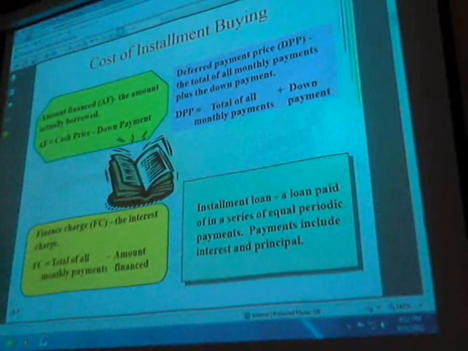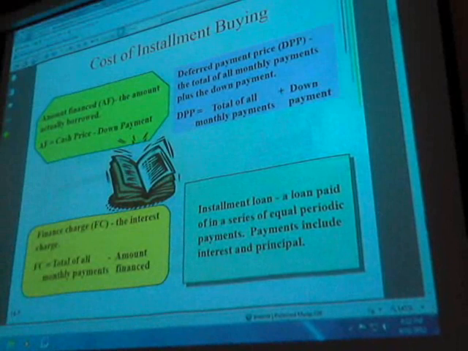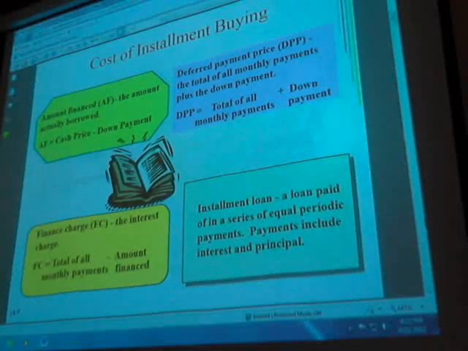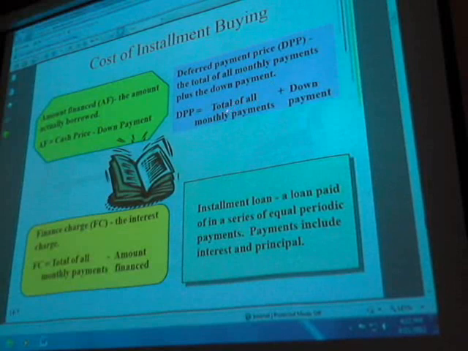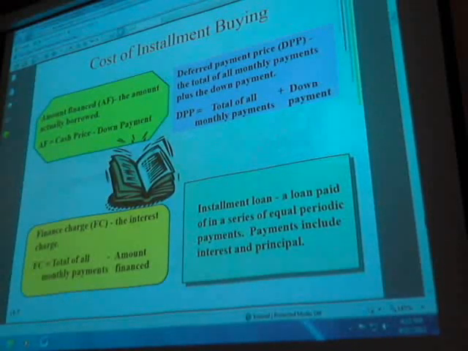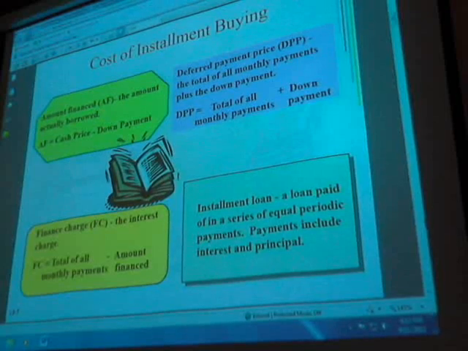Okay, so you're going to do this over and over, so you have to get good at it. And then once we're done, some of your problems, maybe not all of them, will ask you for the deferred payment price. You simply take the total of all monthly payments, which we calculated already. Sometimes they give you that number in the problem.